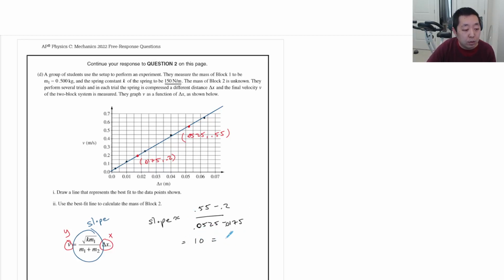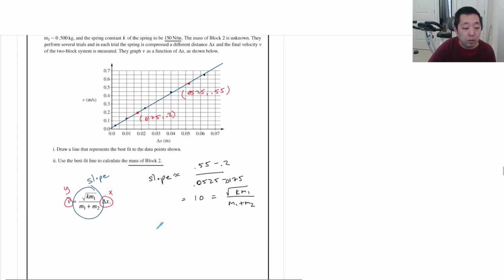And that's equal to root k m1 over m1 plus m2. I'm going to just solve what they want us to figure out. They want to calculate the mass of block 2. So I'm going to find m2. So you're going to multiply this out, then divide by 10 and subtract. Okay.